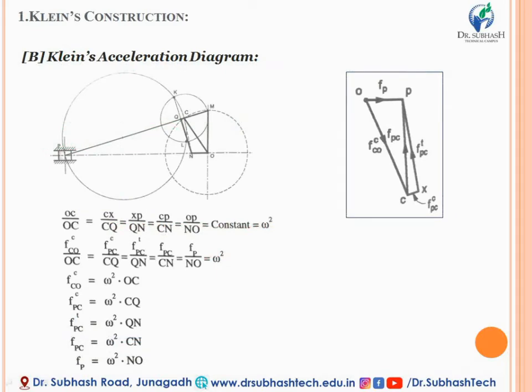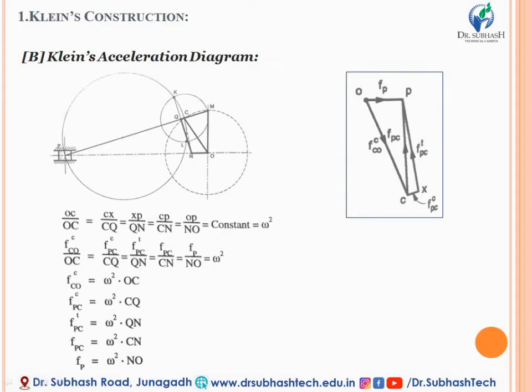In my previous video lecture, at the end we discussed Klein's construction procedure to calculate the velocity and acceleration of various links, but the portion was covered only up to the velocity triangle. The remaining half portion of Klein's construction we will discuss in this video lecture.